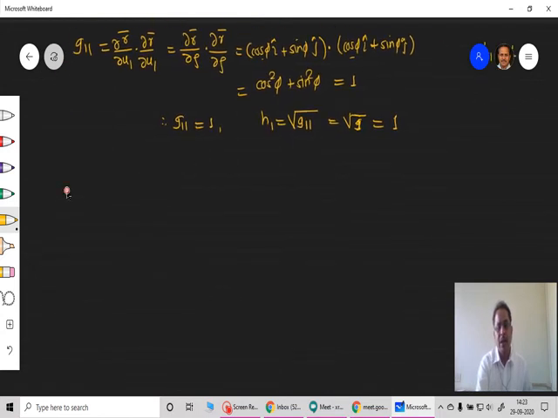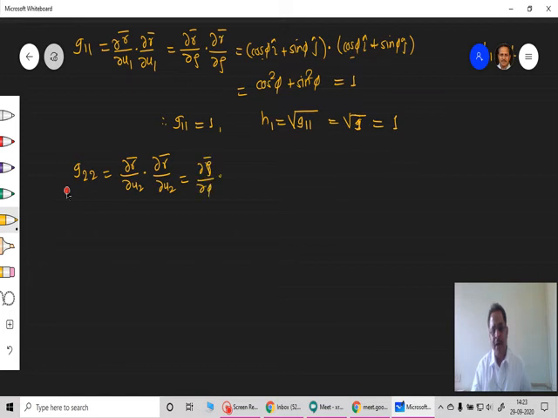Okay, now calculate G22, second metric coefficient. G22 is del r bar upon del u2 dot del r bar upon del u2. u2 is phi, so del r bar upon del phi dot del r bar upon del phi. So see the vectors.